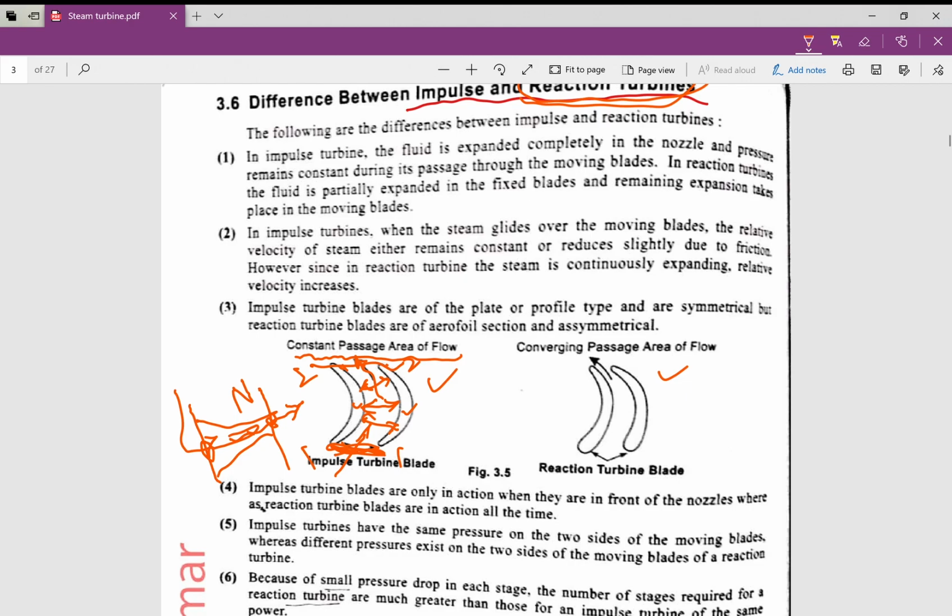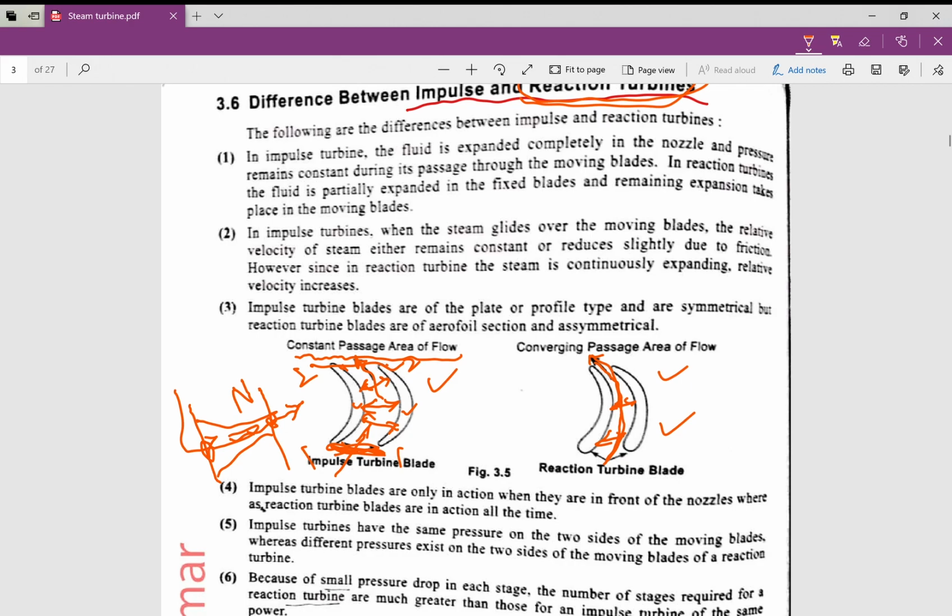Whereas in reaction turbine, look here, the blade profile is a different one, and moreover between two consecutive blades the passage area keeps on decreasing. Henceforth this reaction turbine blade itself acts as a nozzle.